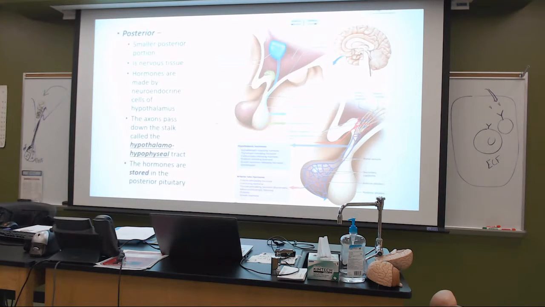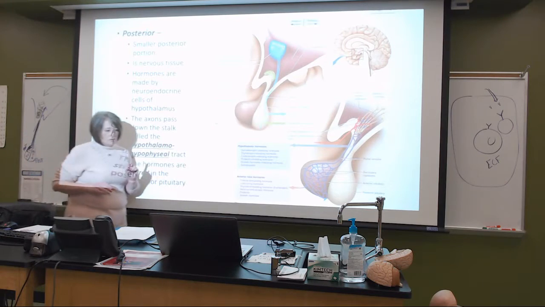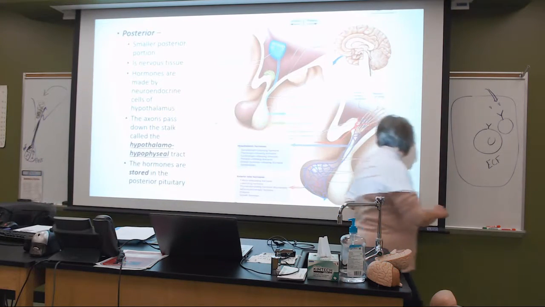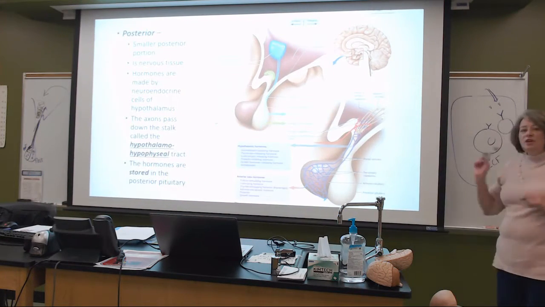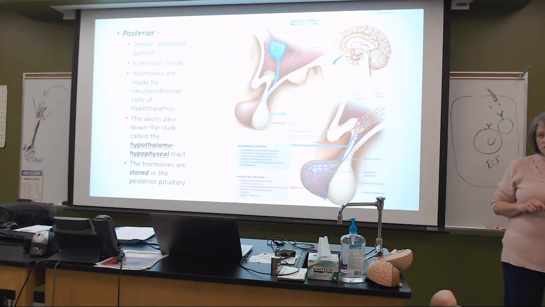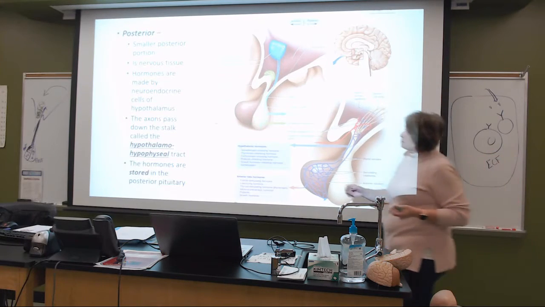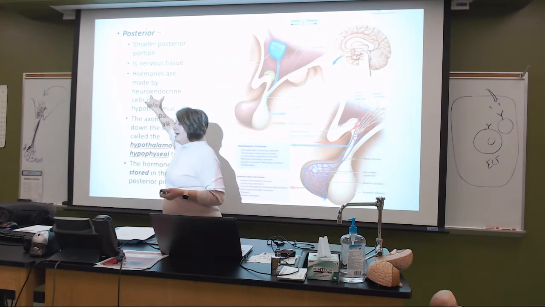The posterior portion is the smaller portion. I still have to have a connection to the hypothalamus from my posterior portion, but this time the posterior portion is nervous tissue, nerves.